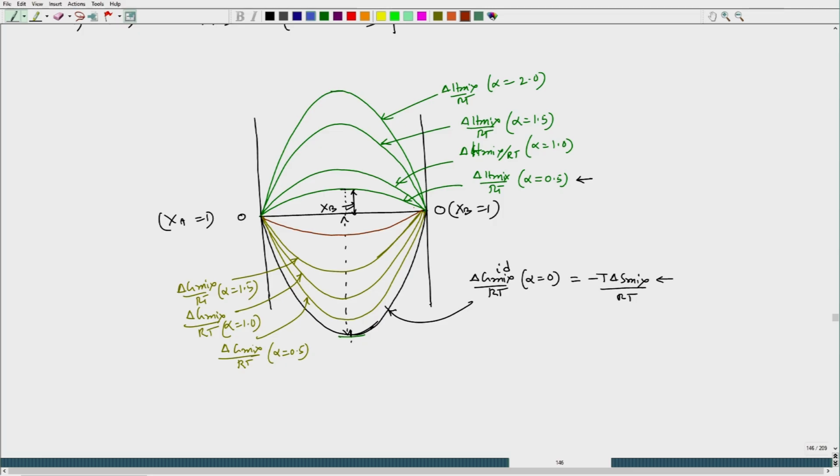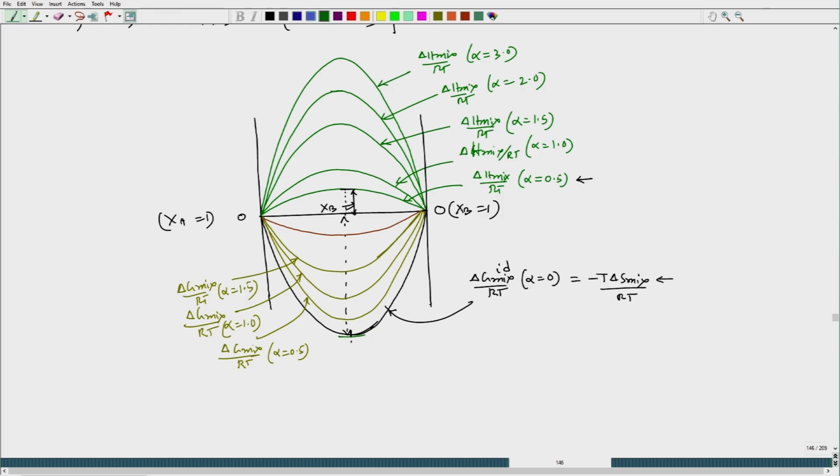Now, I increase this delta H mix by RT a little farther. I can take it like this. So, let us say this is delta H mix by RT when alpha equal to, let us say, 3.0.